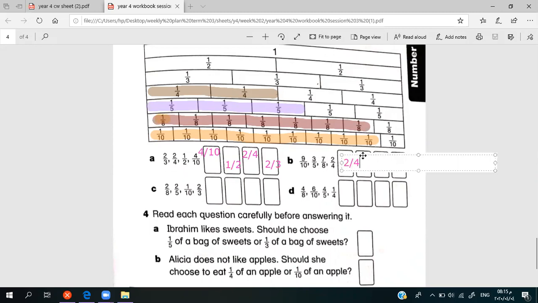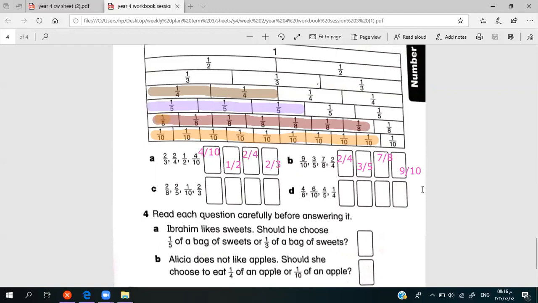And then the 3/5. This is smaller and this is the one after, the 3/5. And then the 7/8. And the biggest one is the 9/10. Okay.